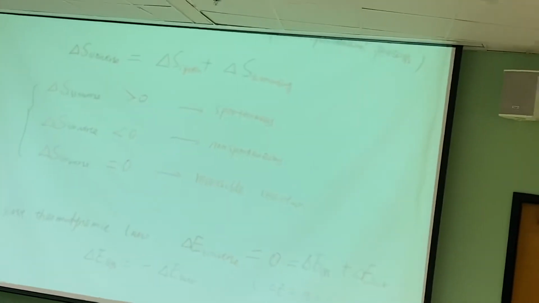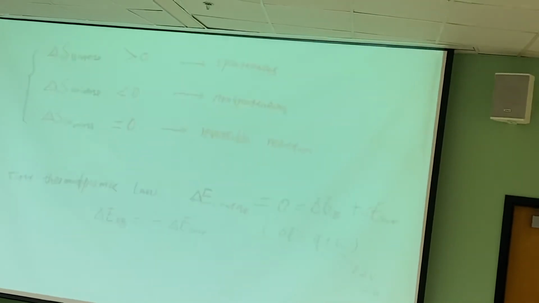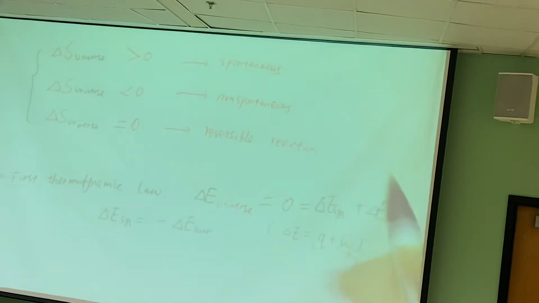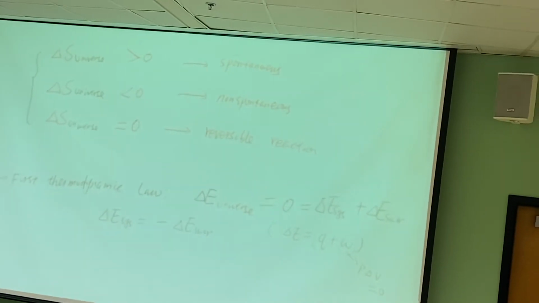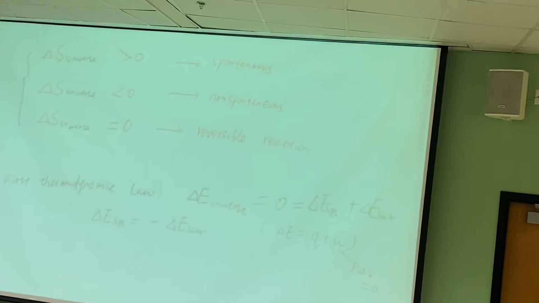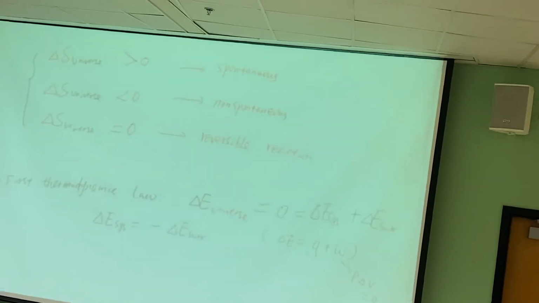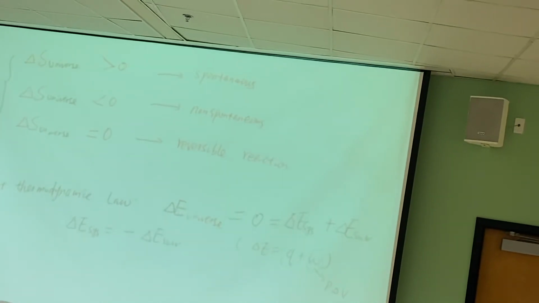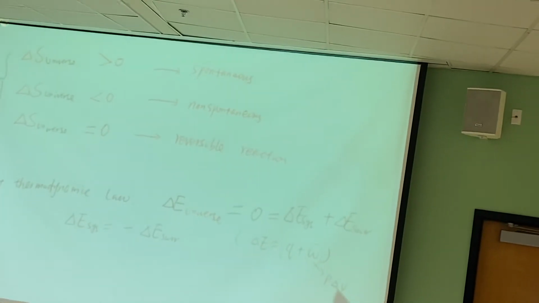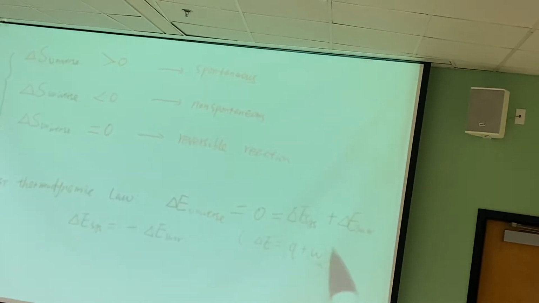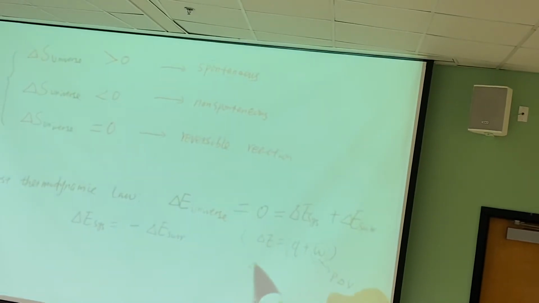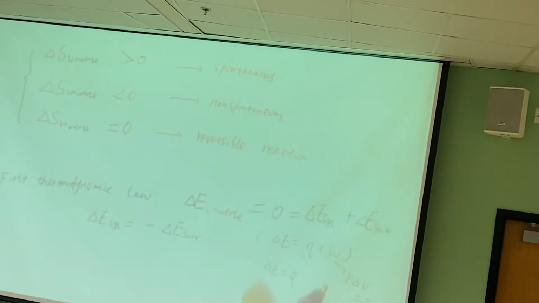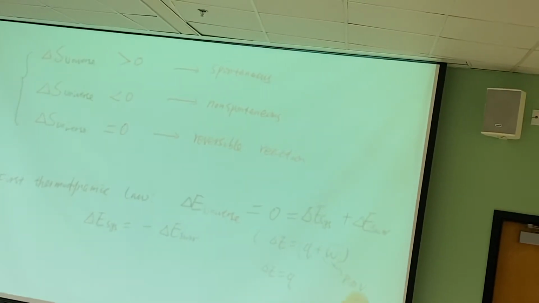That's why in most cases we just consider the heat, because when we talk about our system, usually it's a reaction. For a reaction, the volume usually does not change. The total volume, I mean, they are in the same container. So if delta V equals 0, W equals 0. That means in most cases delta E equals Q. Do you get this part? Why does delta E equal Q? Because there is no volume change.